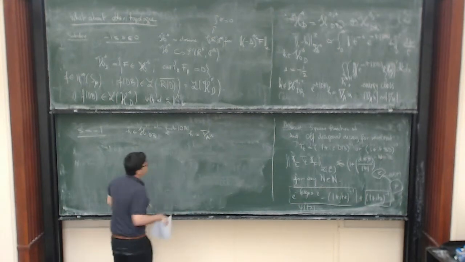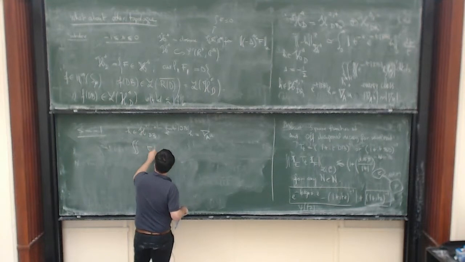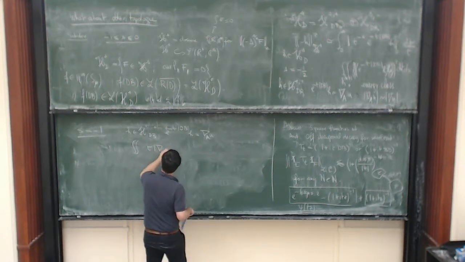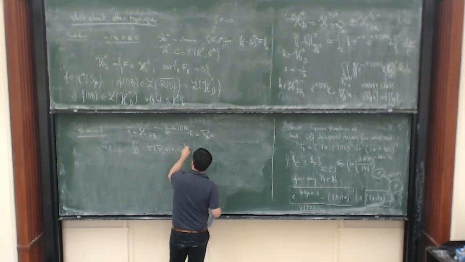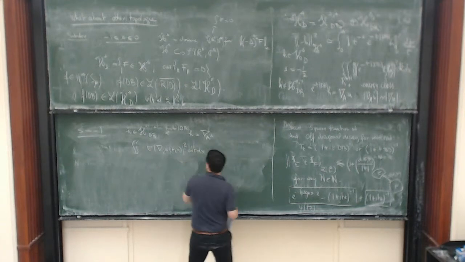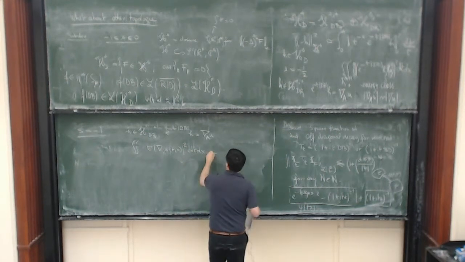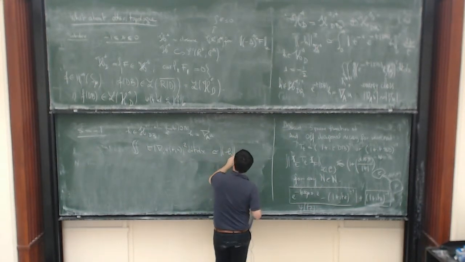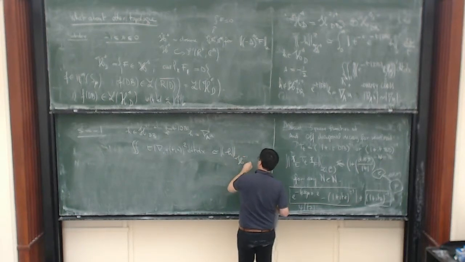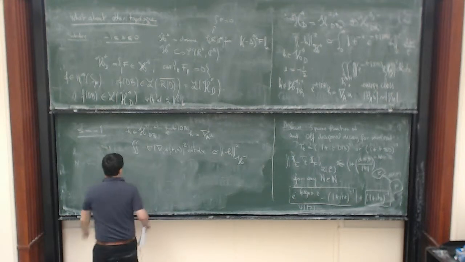And the square function norm that is over there, we write as the integral of |t grad U|^2 dt/t dx, is equivalent to H measured in the topology of H^-1.